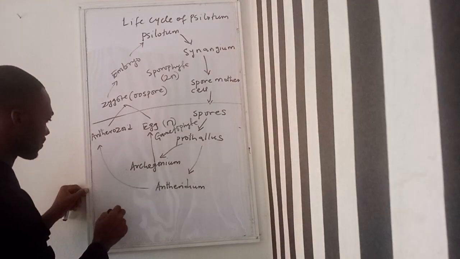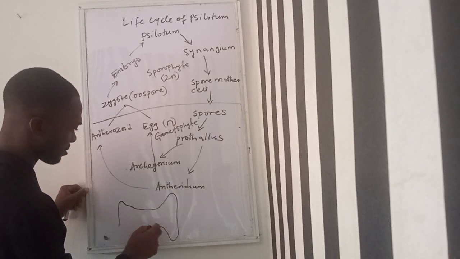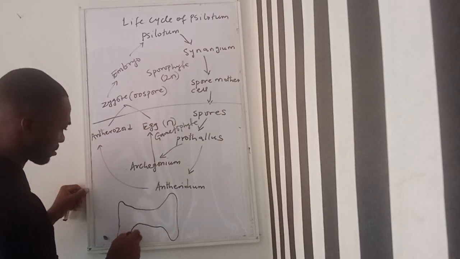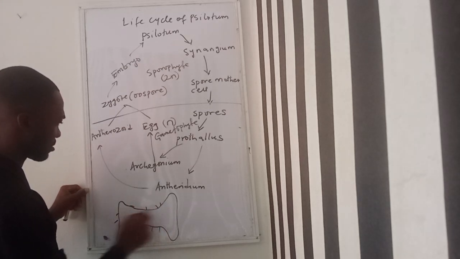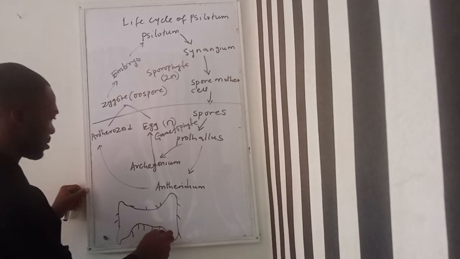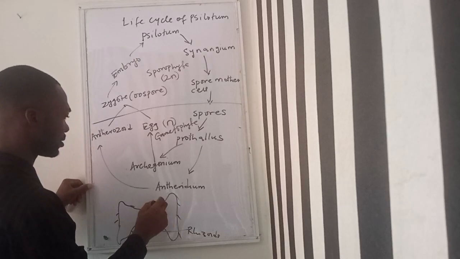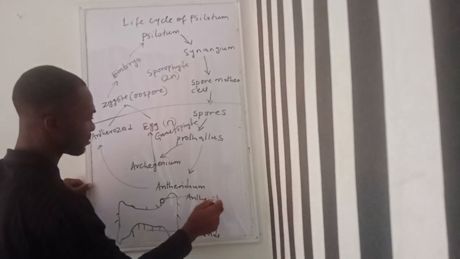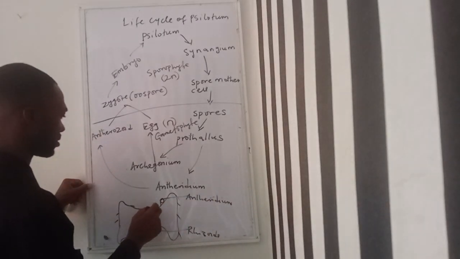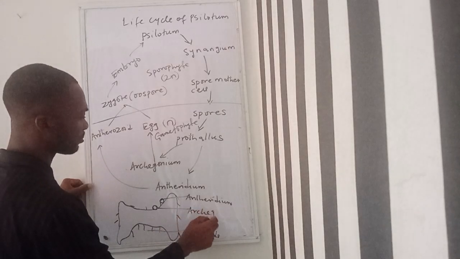So let me explain this. These are the rhizoids. Then here you have the antheridium. Then here we'll have the archegonium.